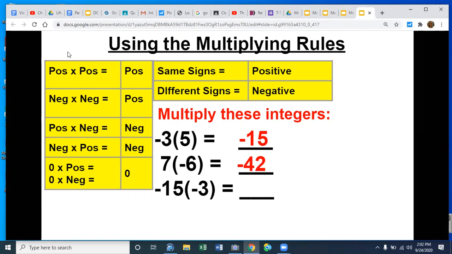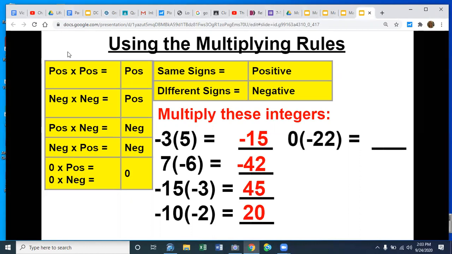Same signs equals positive. Did you guess positive 45? Then you are correct. What about negative 10 times negative 2? Did you say 20? Excellent work. 0 times negative 22. Any number times 0 is just, you guessed it, 0.